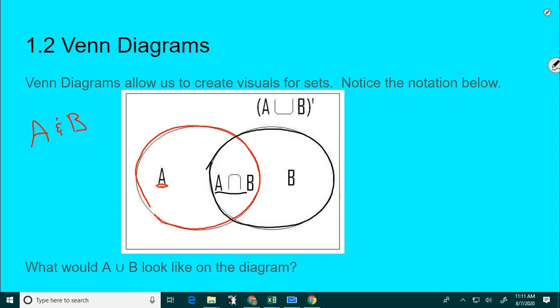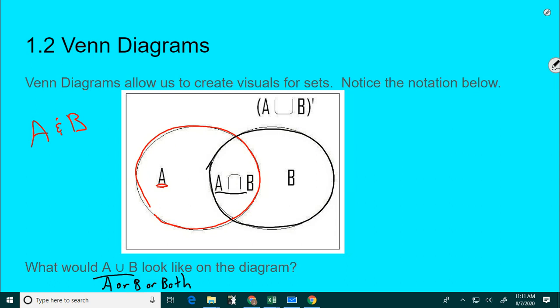Down at the bottom I've got, what would A union B look like? Well, let's think about it. That means this is A or B or both. So Starbucks, cream or sugar or both. So one or the other or both. What part of the diagram is that? Well, that's just everything in the circle.